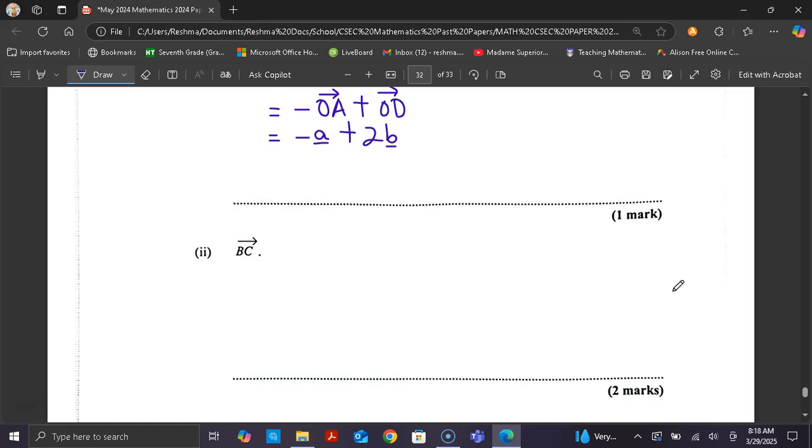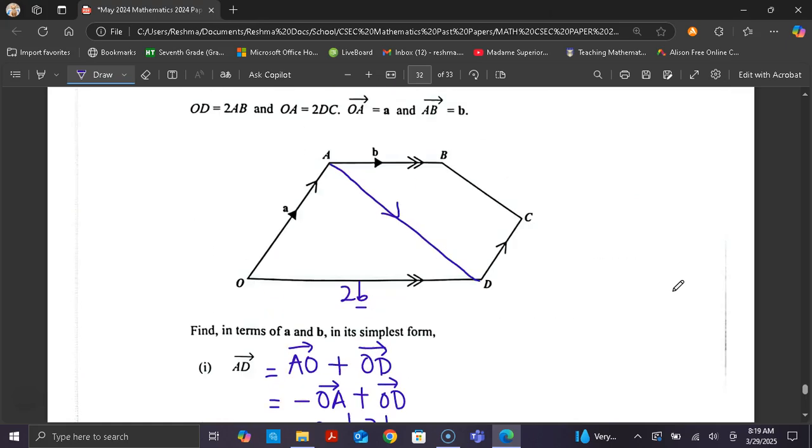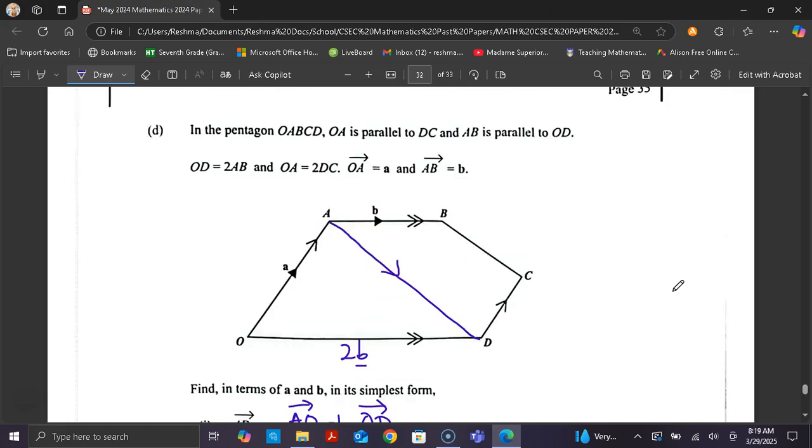Okay, next, for 2 marks, we want to find vector BC. Now remember, it's a pentagon. So vector BC, there's one way we can find it.